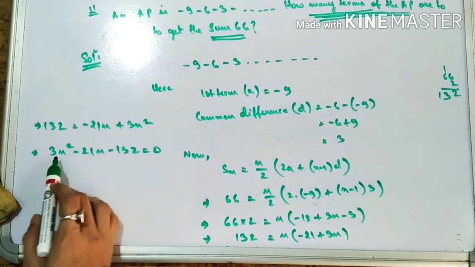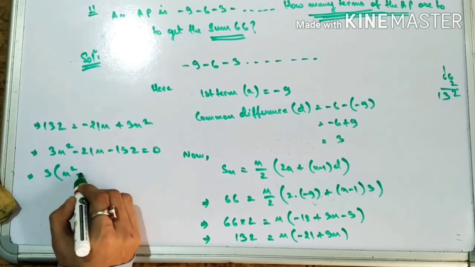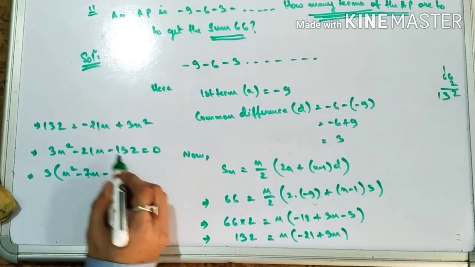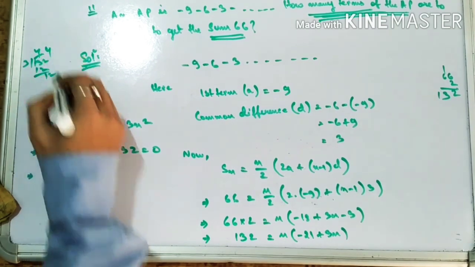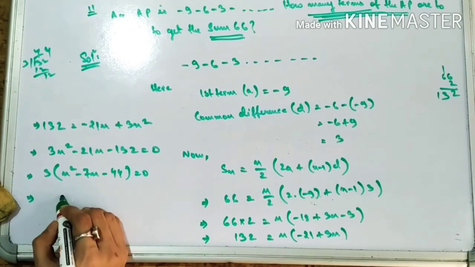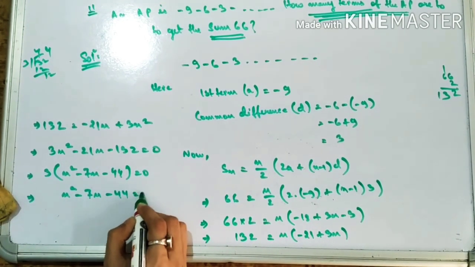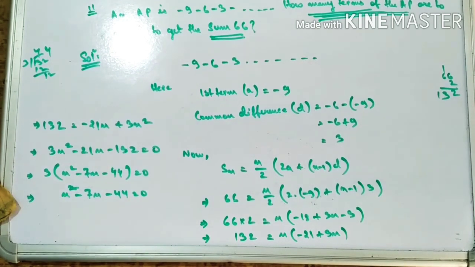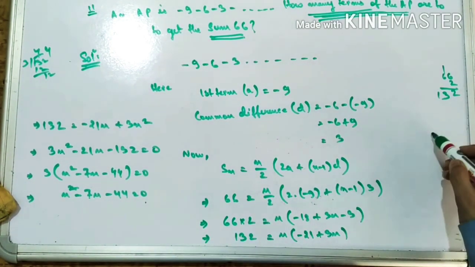Now I take 3 common, then n square minus 7n minus 44 is equal to 0.